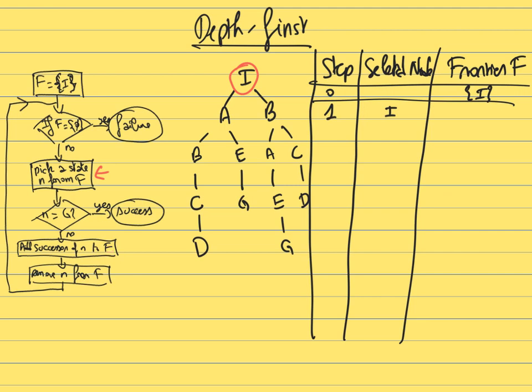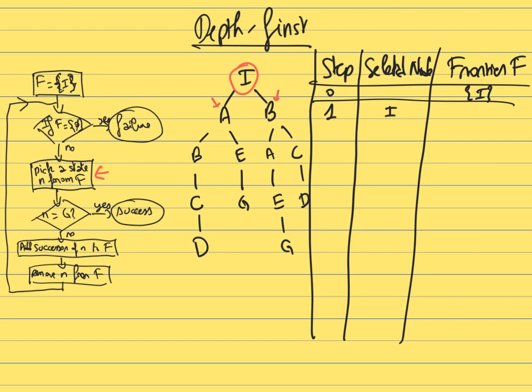So far it's the same thing as the breadth first algorithm. The successors of state I are state A and B, and we are going to add them to the frontier.